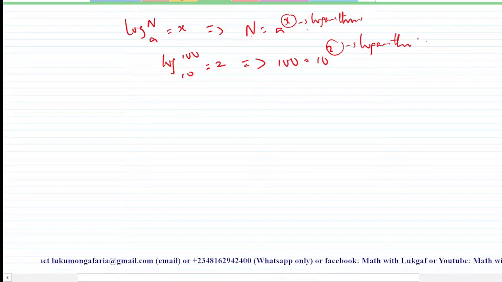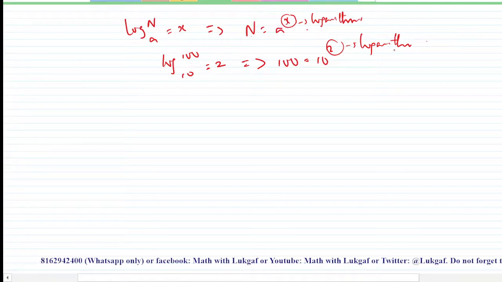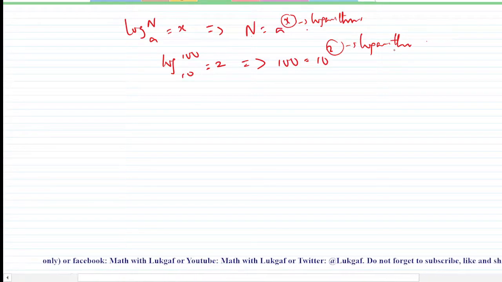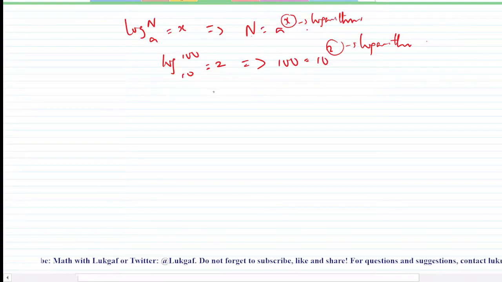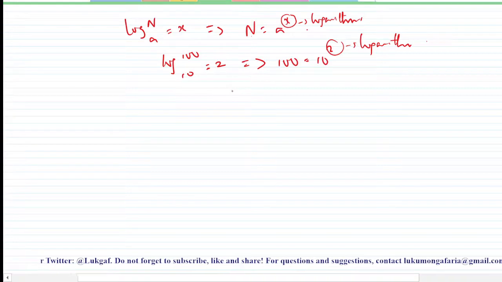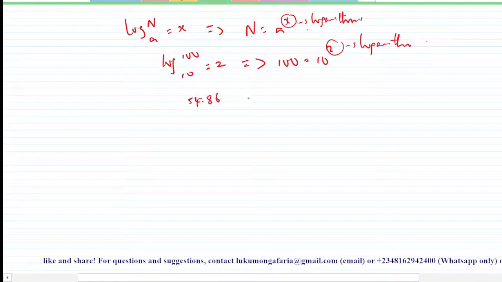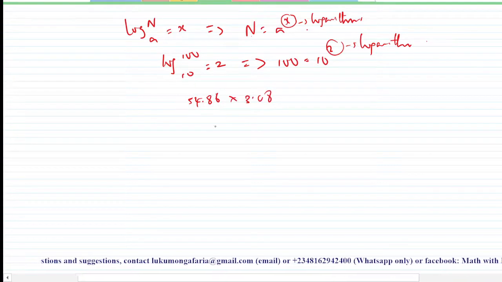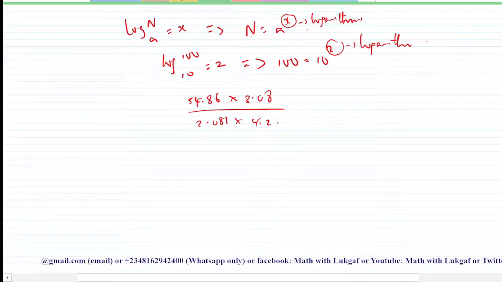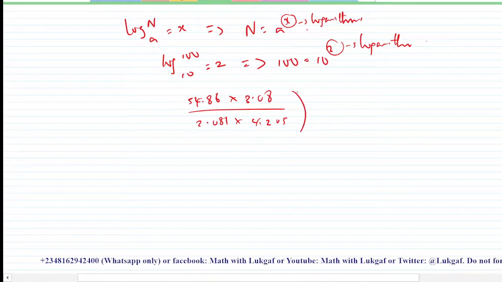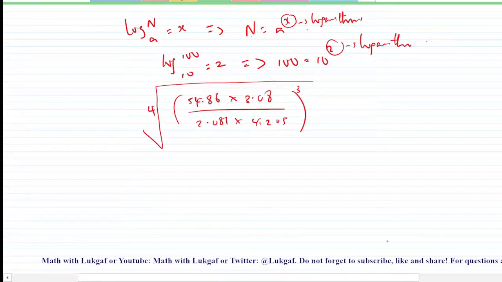So one of the applications of logarithm is that you can use it to simplify cumbersome expressions without using your calculator. For example, when you have this type of problem, 54.86 multiplied by 3.08, divided by 0.81 multiplied by 4.205, everything raised to power 3, and you have a 4th root here.